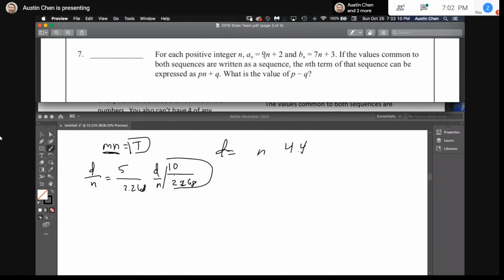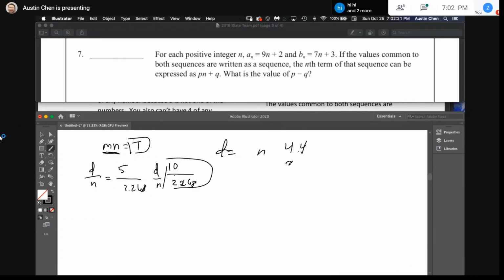So these n's are separate, and they can be anything separately. You could initially just test values and see if anything comes to mind. So I'm going to say n1 is for a sub n, and n2 describes b sub n, and both are positive integers.